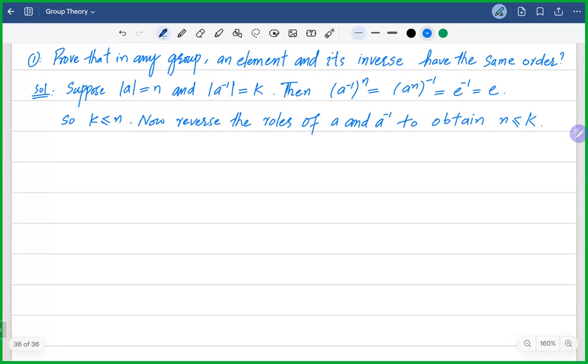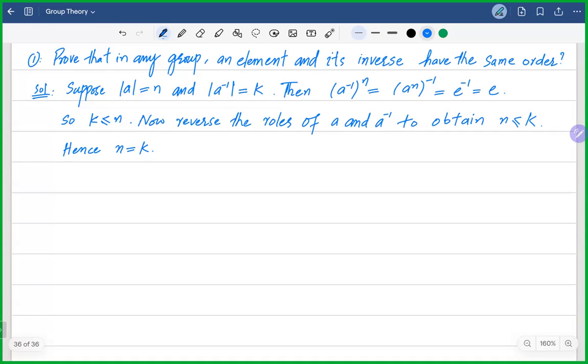And hence n is k. Now the infinite case follows from the finite case. Okay, perfect.